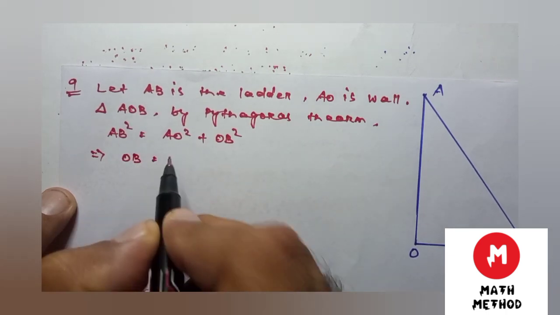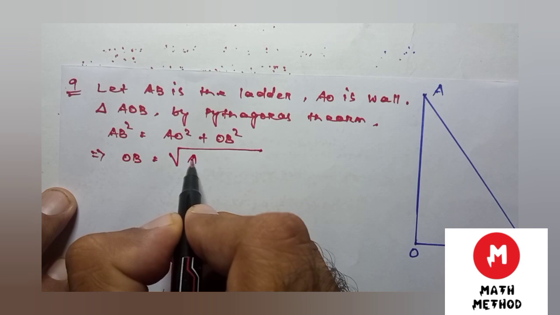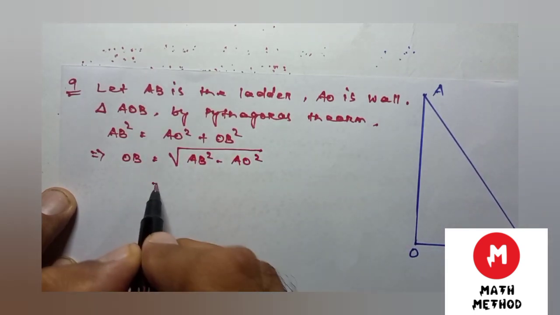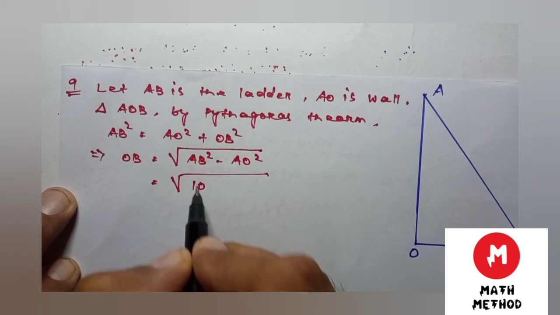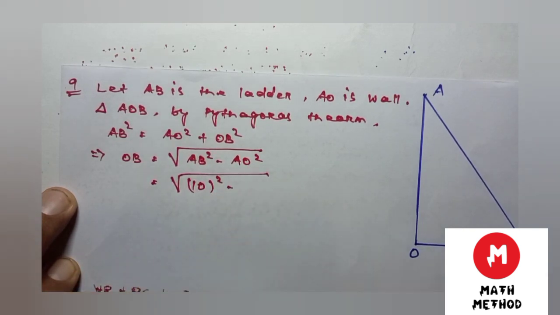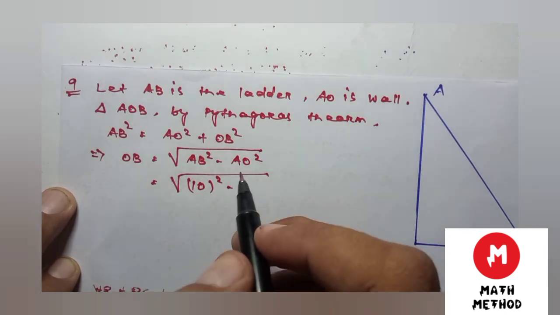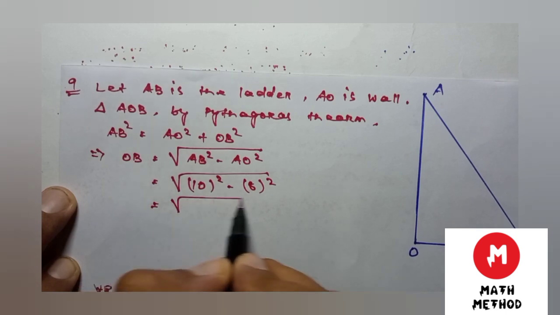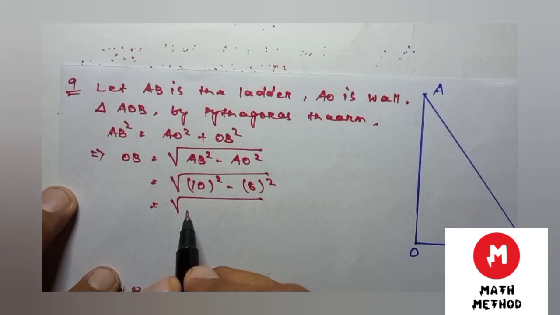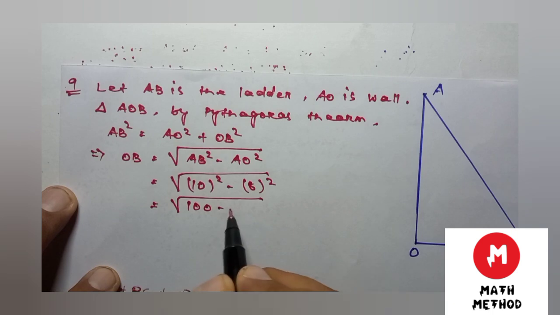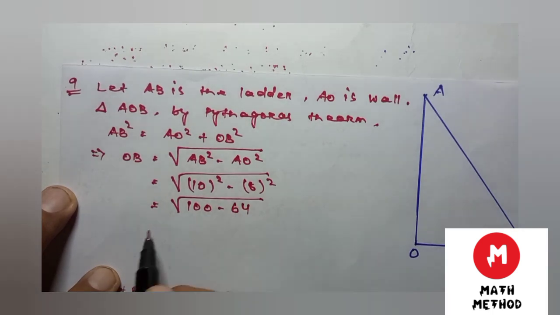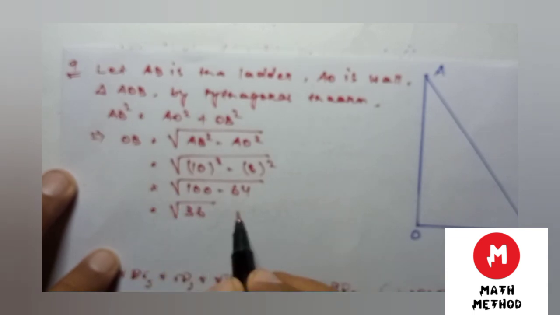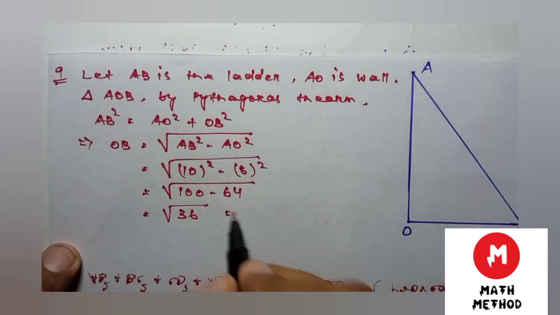So OB is equal to root over AB square minus AO square, here AB is our 10, so 10 whole square minus AO, our wall, which is given as 8, so root over 100 minus 64, which is equal to root over 36 is equal to 6.